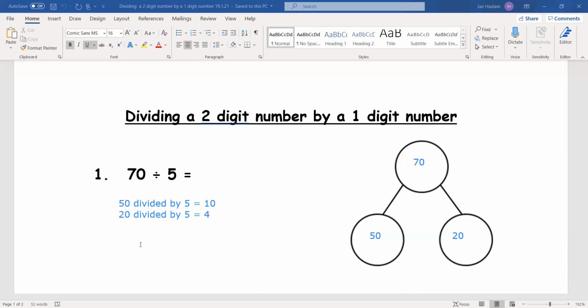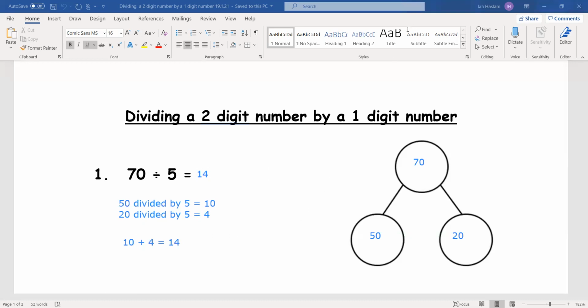Now you'll all know what the next step is. That's where we've got to add our two answers together. So we're going to add 10, add 4 equals 14. And I need to remember to put my answer up here. So 70 divided by 5 is 14.